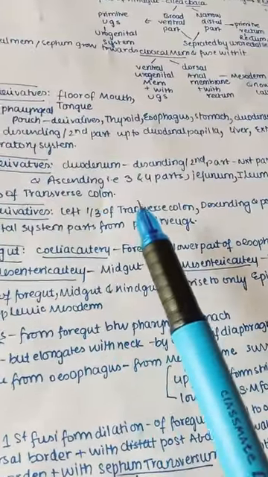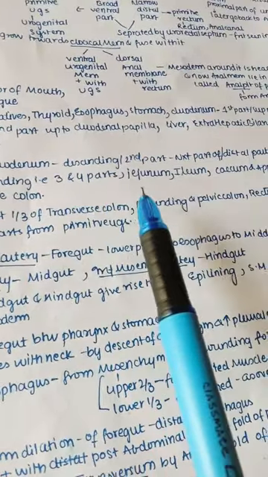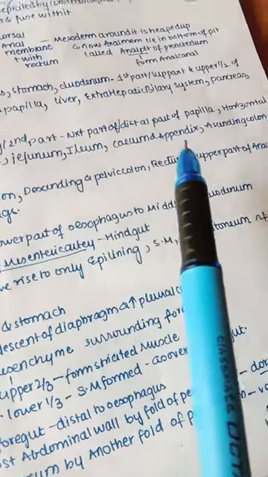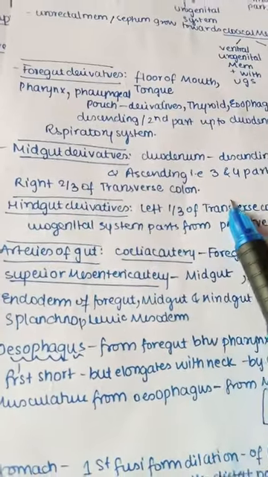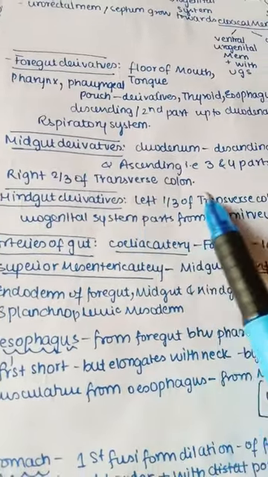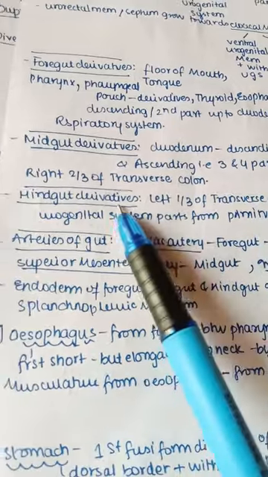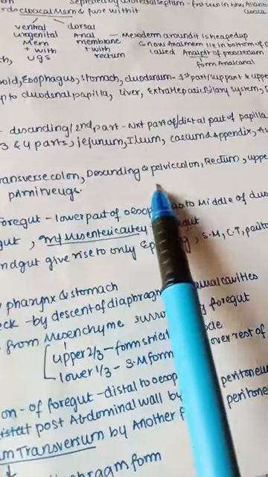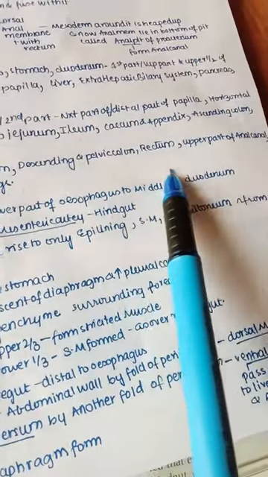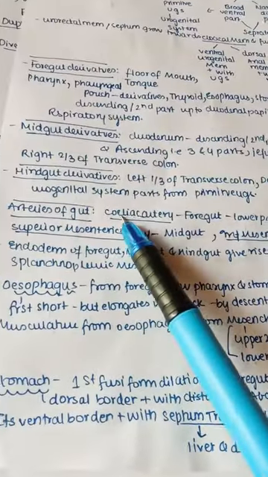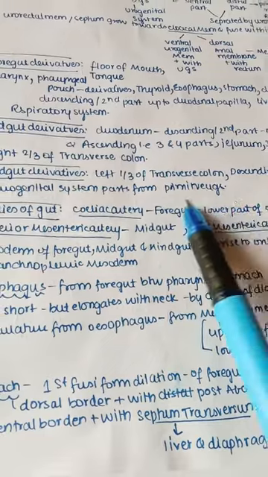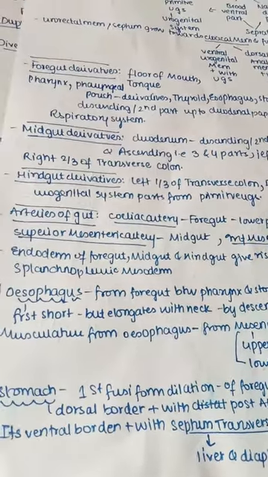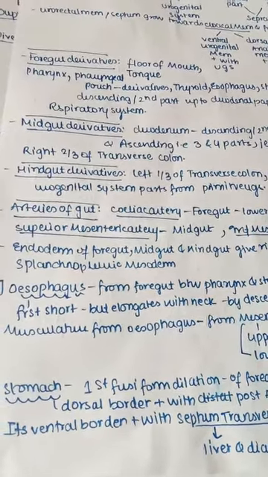And also we have the horizontal and ascending, that is third and fourth parts, of the duodenum, jejunum, ileum, cecum, appendix, ascending colon, and also right 2/3 of transverse colon, and left 1/3 of transverse colon starts from the hindgut derivative. And also we have descending and pelvic colon, rectum, upper part of anal canal, and urogenital system parts, which are from the primitive UGS, that is primitive urogenital sinus. So all these are from hindgut derivatives.